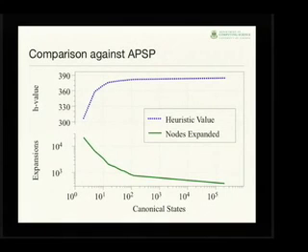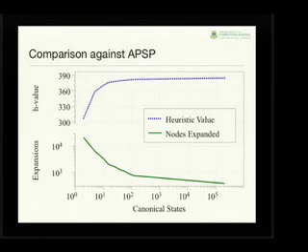The first thing I want to look at is a comparison to all-pairs shortest path. This is the number of states that I have, with a differential heuristic. The reason I did this with a differential heuristic is because differential heuristics can be built incrementally. I can easily add one more differential heuristic in the world, so it's very easy to run this experiment, whereas it's a lot more expensive to build a canonical heuristic.